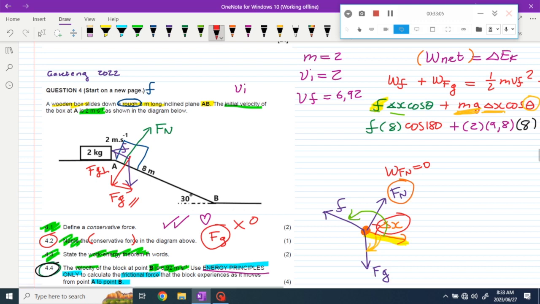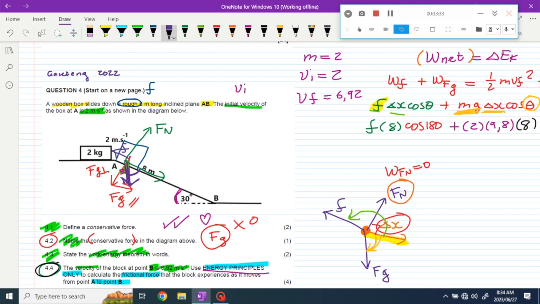Now looking at this, what is the value of the angle over here? It's going to equal the angle of the incline, so we know over here we have 30 degrees. I know that my displacement is there, and I am looking for the angle between Fg, which is over there, and the displacement.